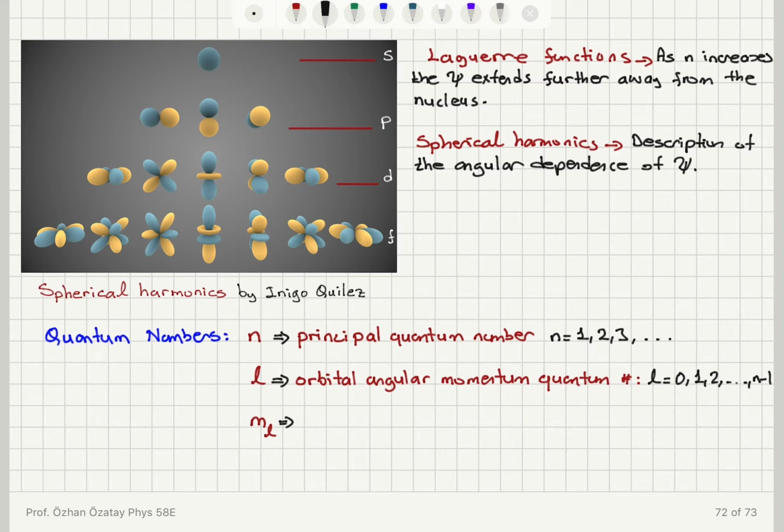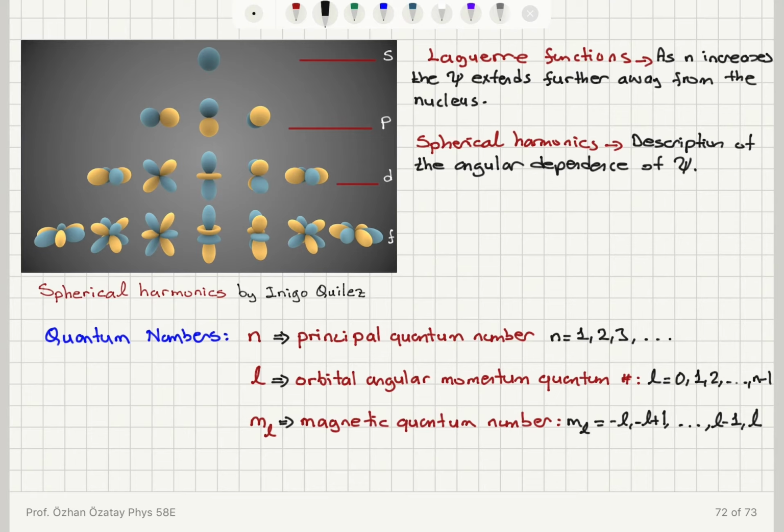And we have M sub L, which is the magnetic quantum number. And this can take values starting from minus L all the way up to L minus 1 and L.